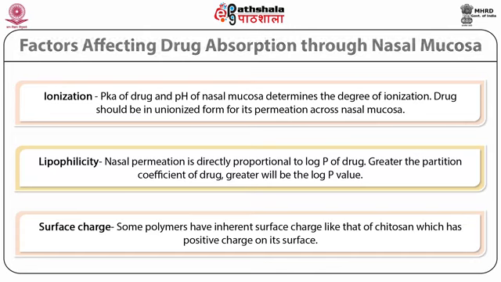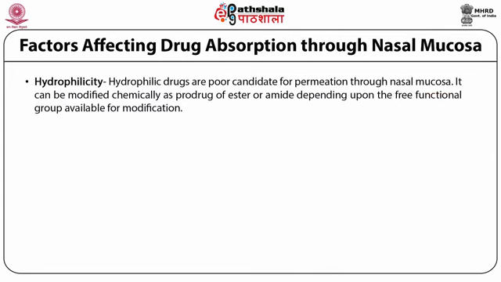Hydrophilicity: hydrophilic drugs are poor candidates for permeation through nasal mucosa. The permeation can be modified chemically by the use of prodrugs. A prodrug of ester or amide, depending upon the free functional group available for modification, can be used.